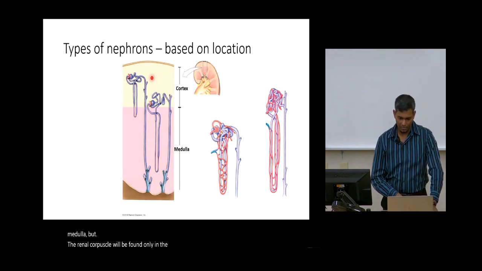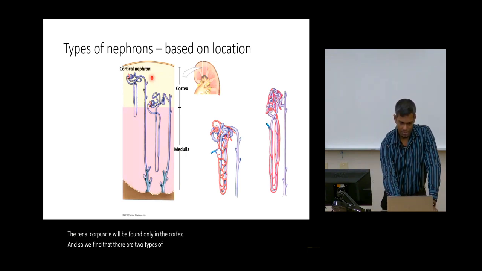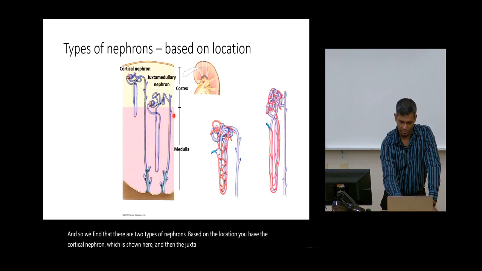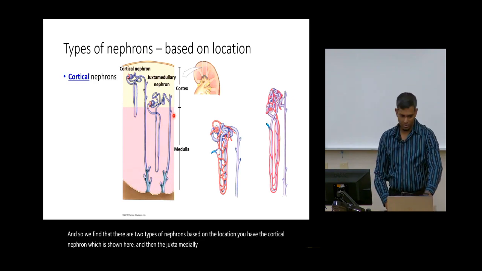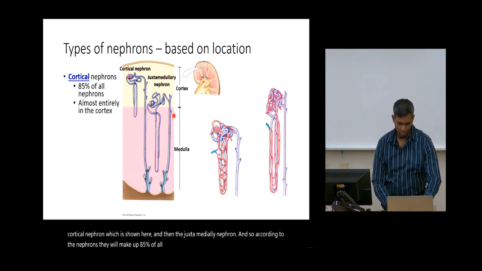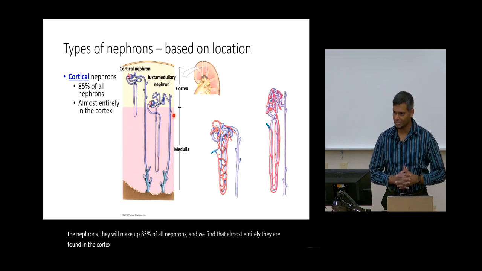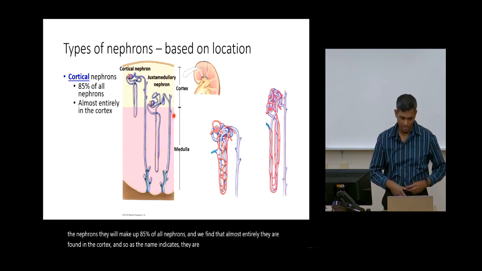And so there are two types of nephrons based on their location: the cortical nephron, which is shown here, and the juxtamedullary nephron. Cortical nephrons make up 85% of all nephrons, and almost entirely they are found in the cortex, and so, as the name indicates, they are called cortical nephrons.